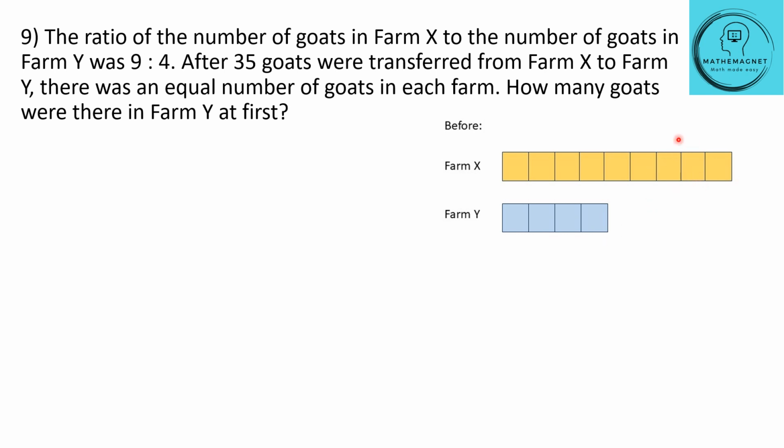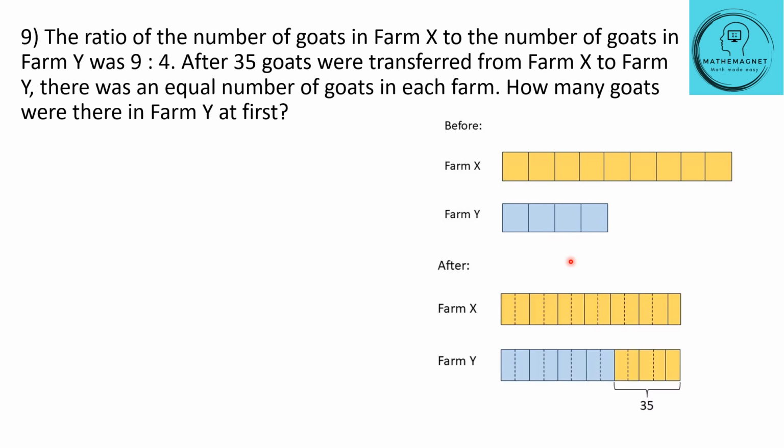After the goats are moved to farm Y, they both become equal. Now we cannot write units as half of 5 will be 2.5, correct? So to make it simpler, we will divide these units into half. So 9 units becomes 18 and 4 units becomes 8.